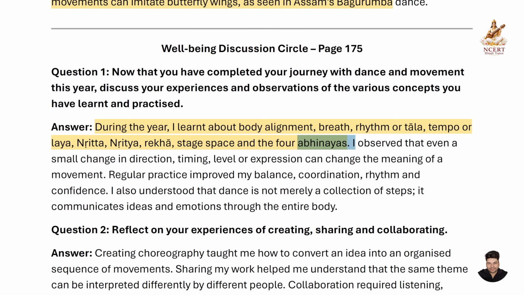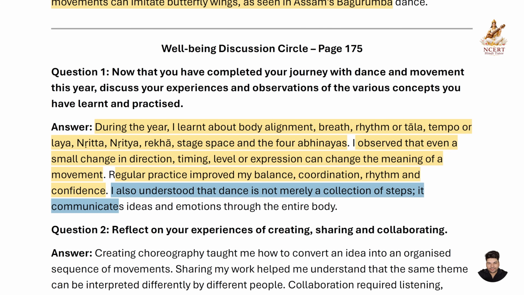I observed that even a small change in direction, timing, level, or expression can change the meaning of a movement. Regular practice improved my balance, coordination, rhythm, and confidence. I also understood that dance is not merely a collection of steps, it communicates ideas and emotions through the entire body.